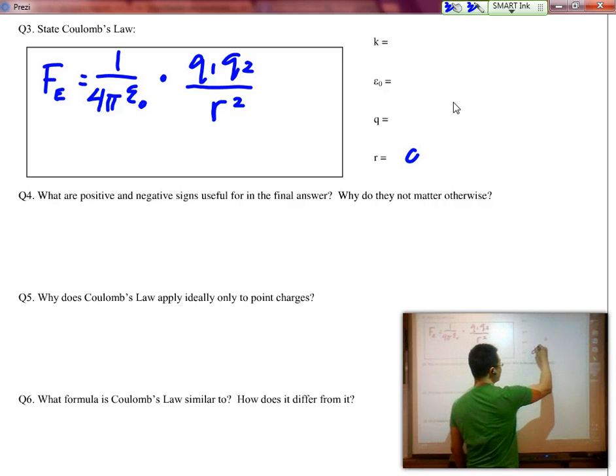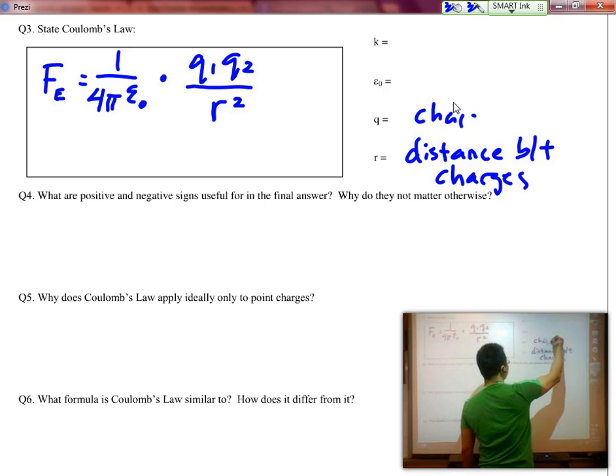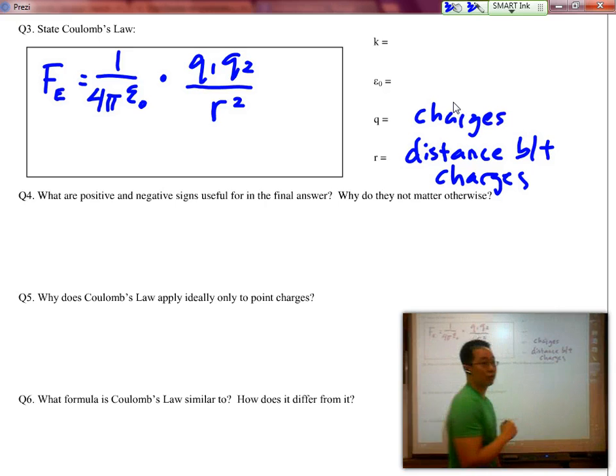So R is the distance between the charges. Q is the charges themselves, measured, of course, in coulombs.